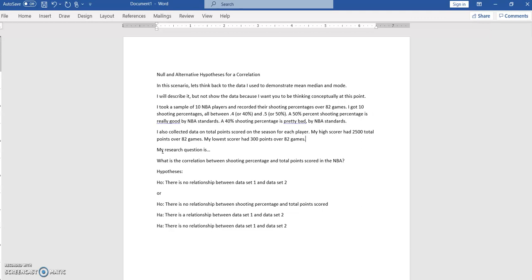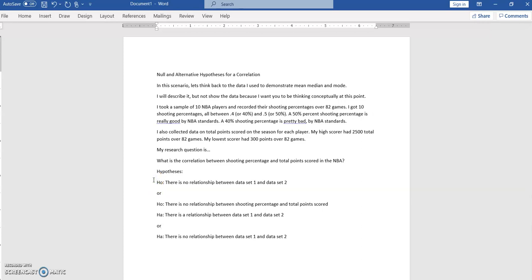Moving on from that, my research question is simply, what is the correlation between shooting percentage and total points scored in the National Basketball Association? And let's get down and talk about null and alternative hypothesis. Our null hypothesis, our H0, and I don't even go with nomenclature on this one.